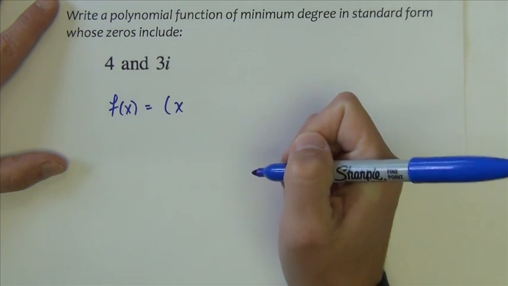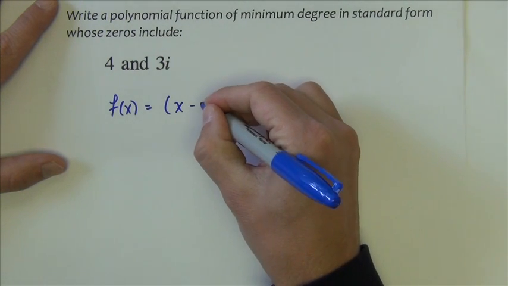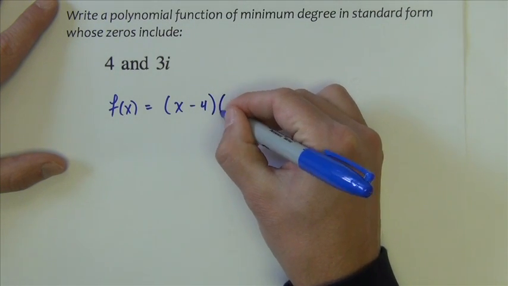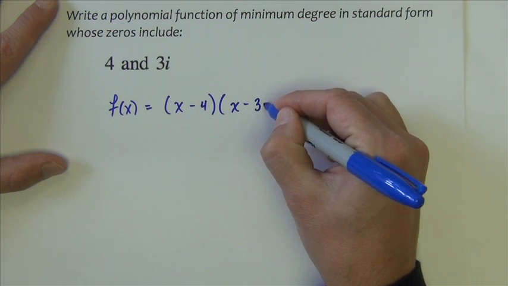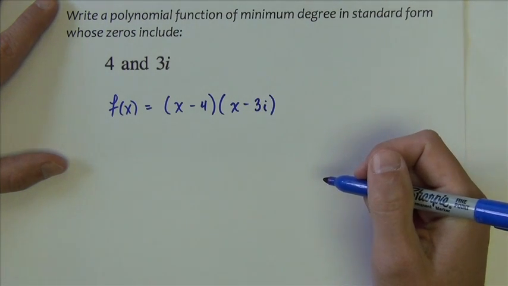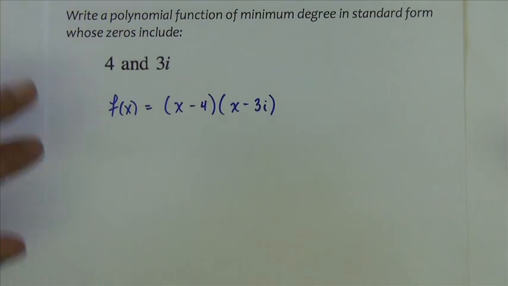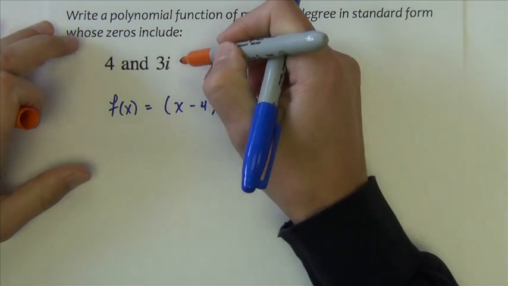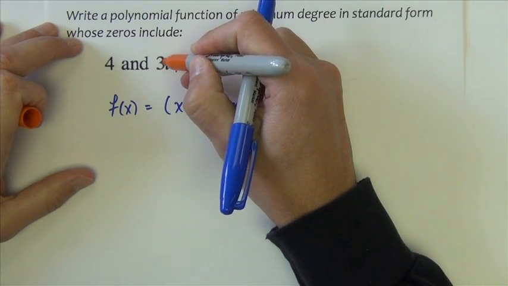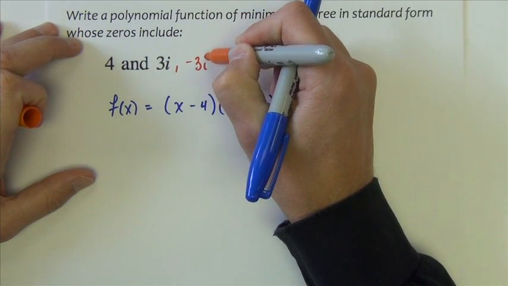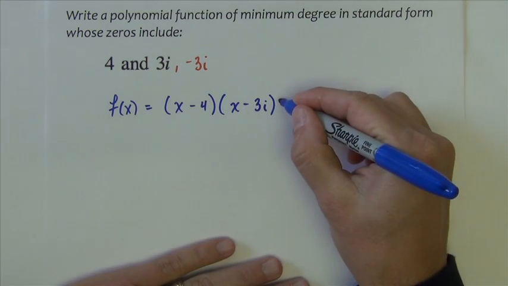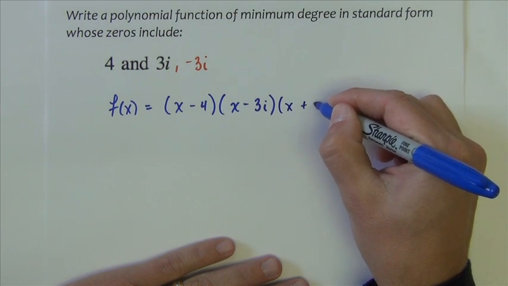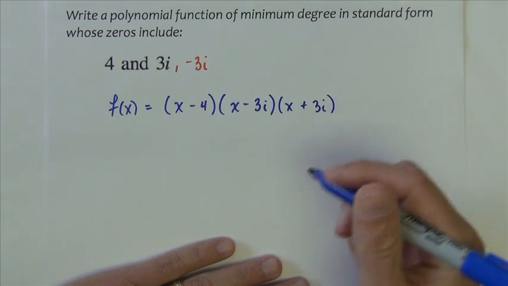If positive 4 is a zero, then x minus 4 is a factor. If positive 3i is a zero, then x minus 3i is also a factor. Now, according to that complex zeros theorem, if this one is a zero, then so is negative 3i, because again, they have to come in positive, negative pairs. So that means we would also have x plus 3i.